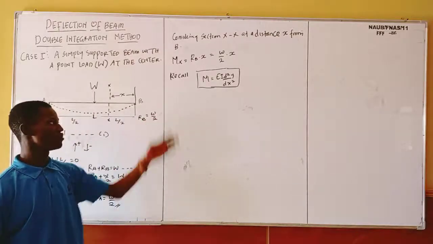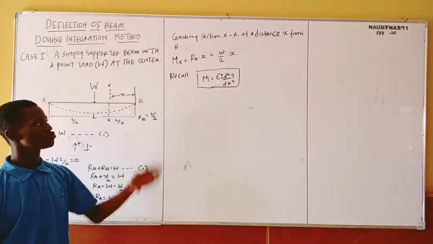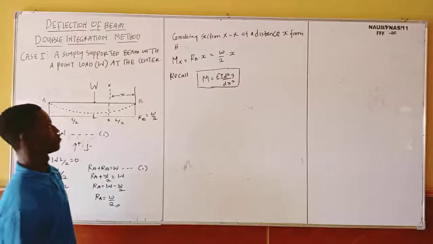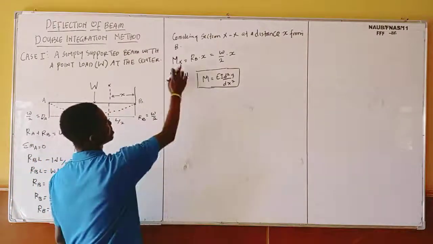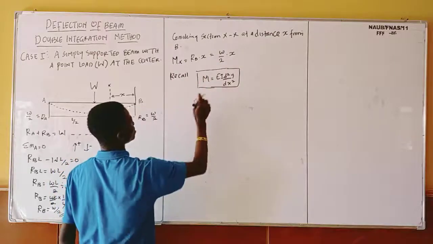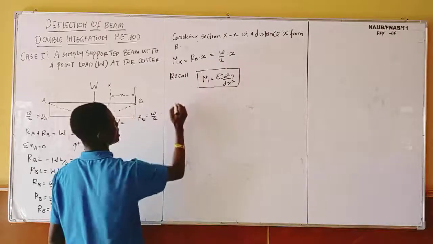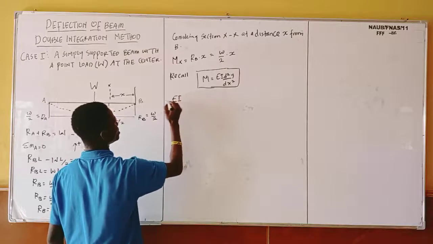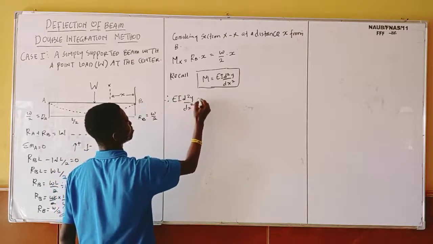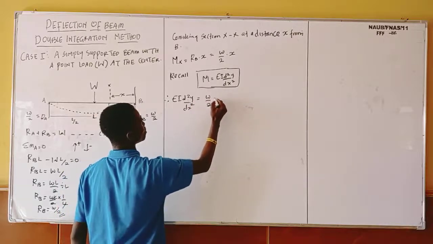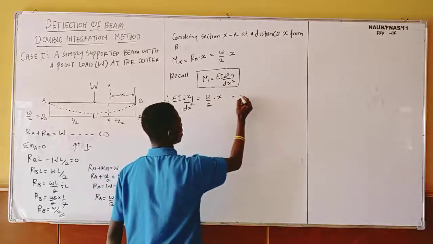This one has already been established in the relationship between slope, deflection, and radius of curvature. Since moment equals EI d squared y over dx squared and moment equals W over 2 x, definitely this one is equal to this one. And I'm going to have EI d squared y over dx squared equals W over 2 x. Let me call this one my equation 2.